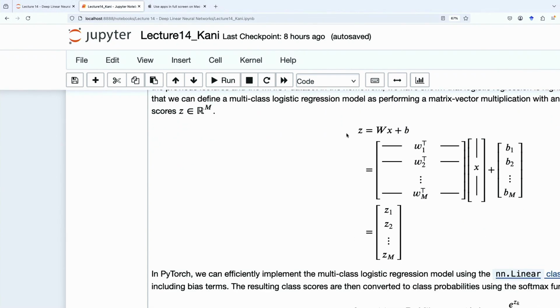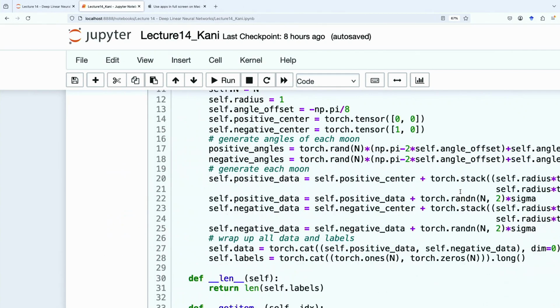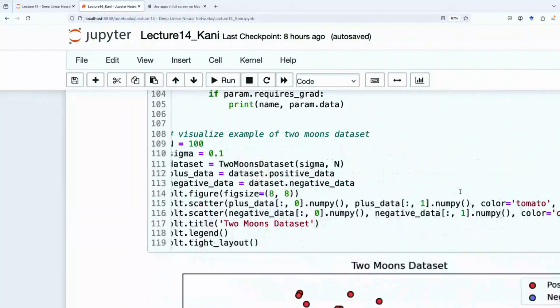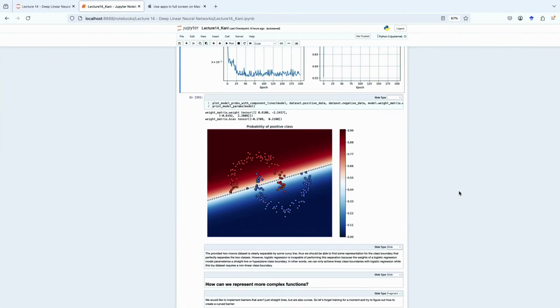If we know this, Z is equal to W1 times X plus B1, what we could do is actually plot the line. We could plot what the barrier is equal to. And that is, in fact, what we do right here.